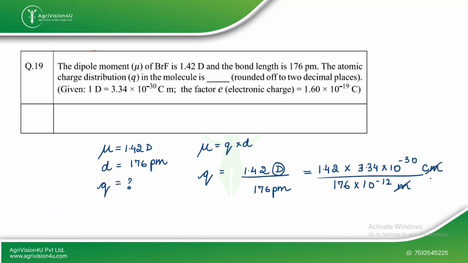From this meter to this meter, we will cancel out and then we'll solve this entity. After solving, we'll get Q is equal to 0.16 coulombs.